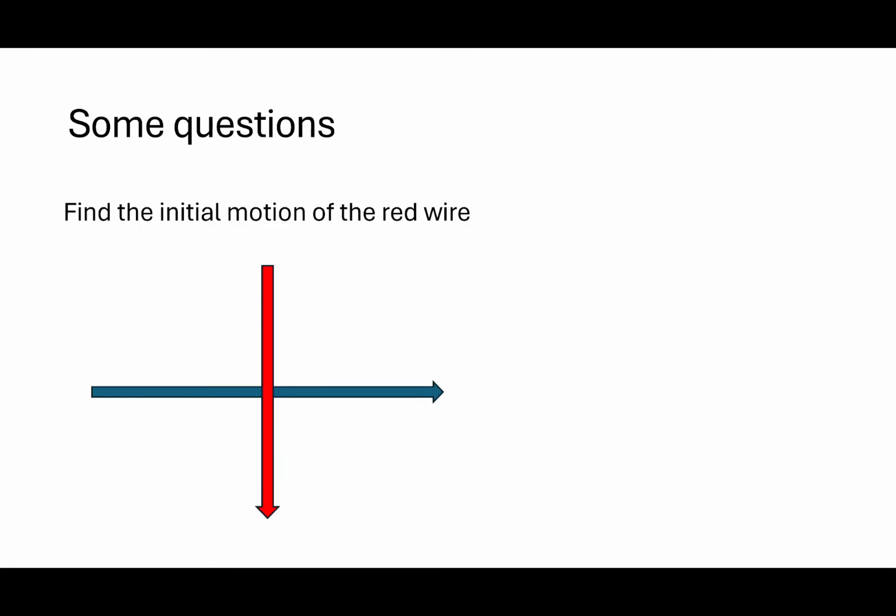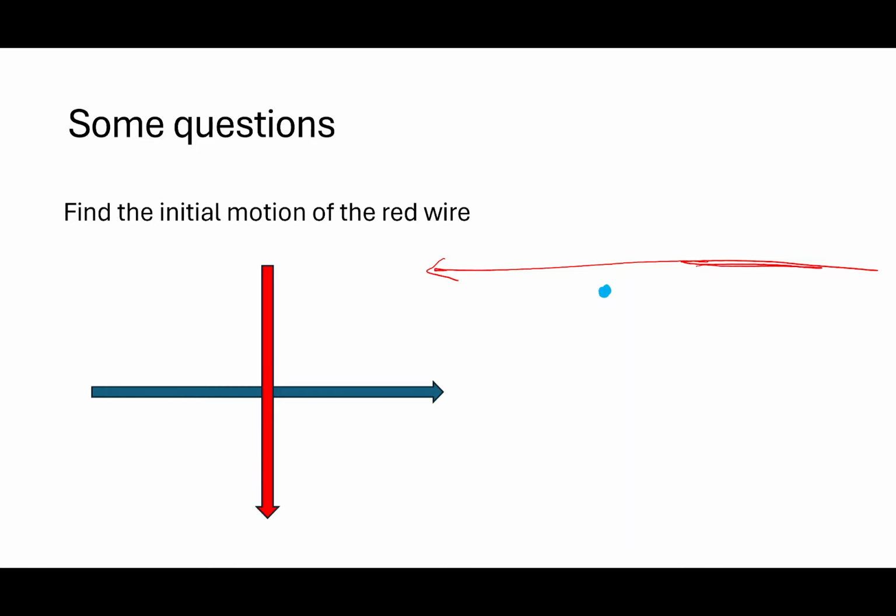I'll give everyone another perspective. This is the blue wire, so we're looking straight at the blue wire, and this is the red wire on top of it. How do you know whether to find the magnetic field on the left or right of the blue wire?